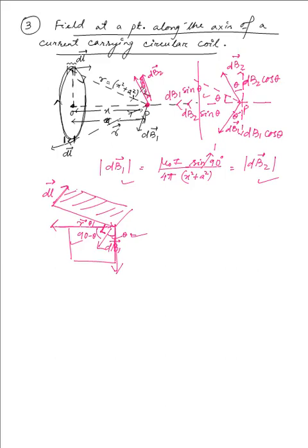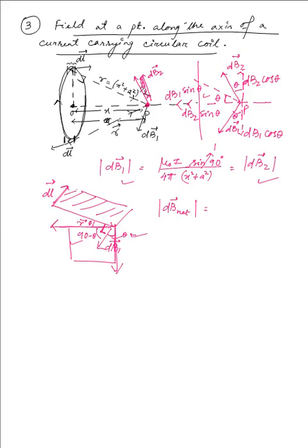So we'll be integrating for that whole circle, and we'll be getting the cosine components which will be cancelling out each other, while the sine components remaining in the same direction will be added to each other. So the net magnetic field, the elementary magnetic field, even if you take the vector, they are along the same direction, so they will be added.